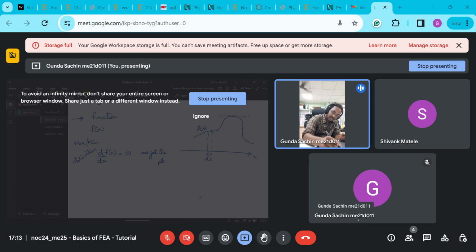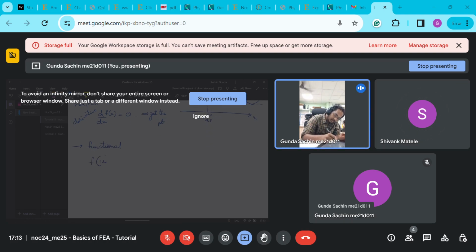And you look for, let's say, this is your point. You say that at the peak or lower point, the variation, like the derivative, will be 0. So that's how you get maximum or minimum, right?